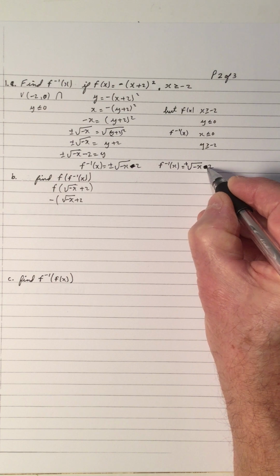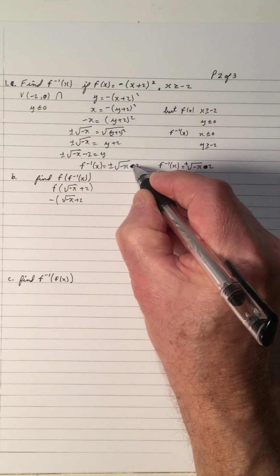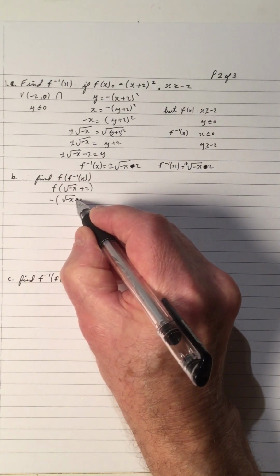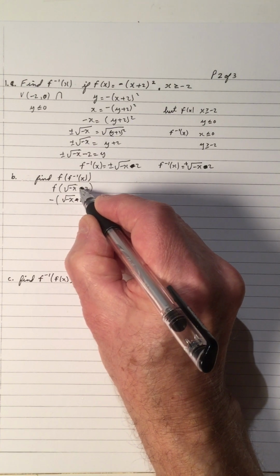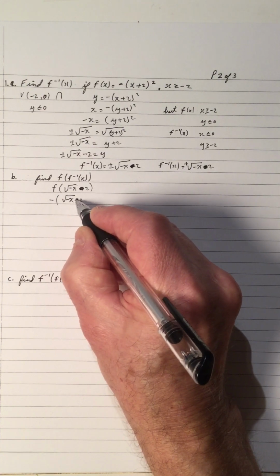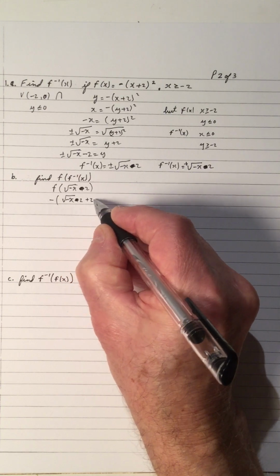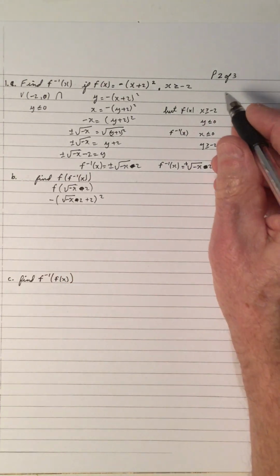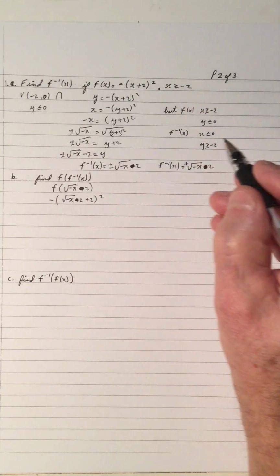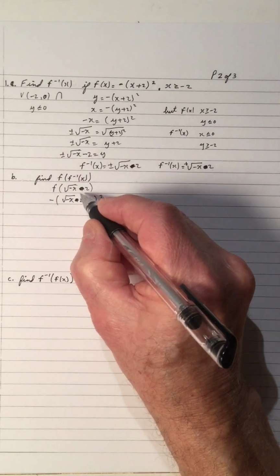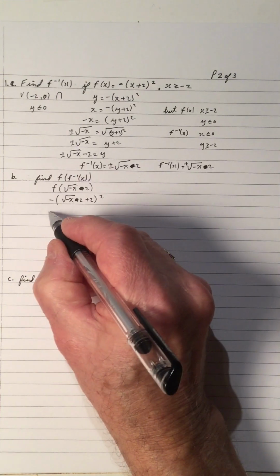I seem to make these simple errors. That's a minus. So this is a minus. This is a minus. Sorry about that. That's a negative, plus 2 all squared. Again, this is minus 2. That's a minus 2, minus 2, minus 2. And so it's the negative.